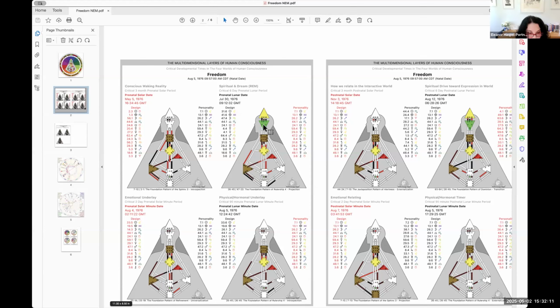Mars is in the 47. But the north and south node of 44 and 24, until they switch to the 28, 27 and 44, 20, well, 44, 24, 27, 28.